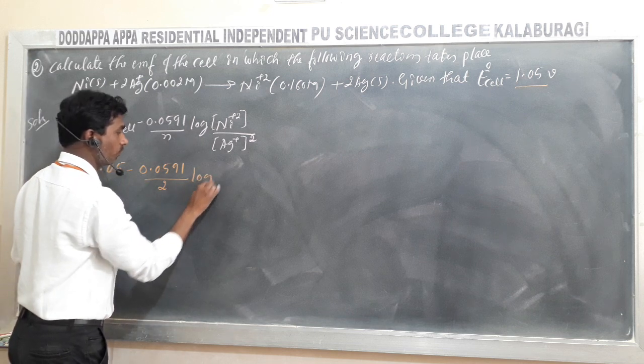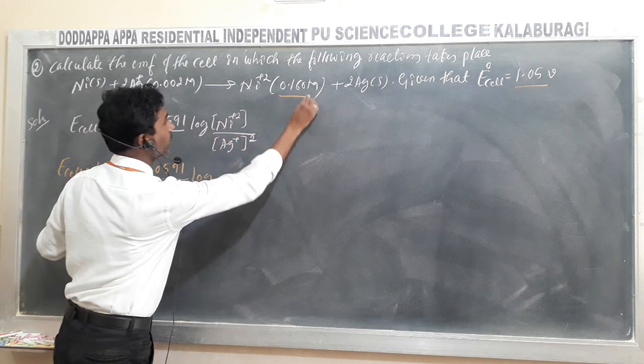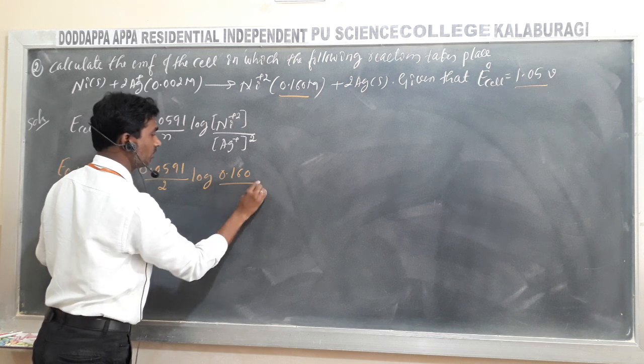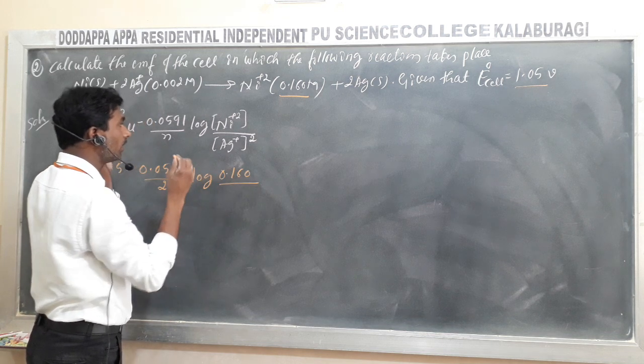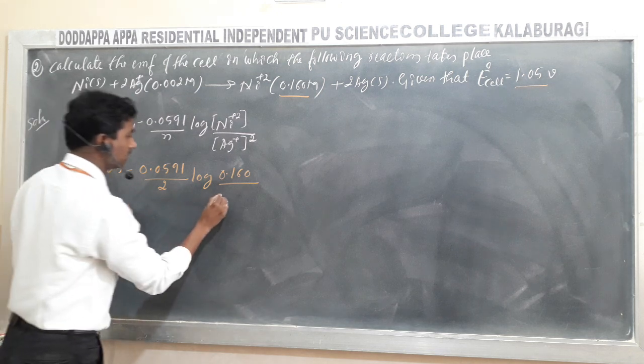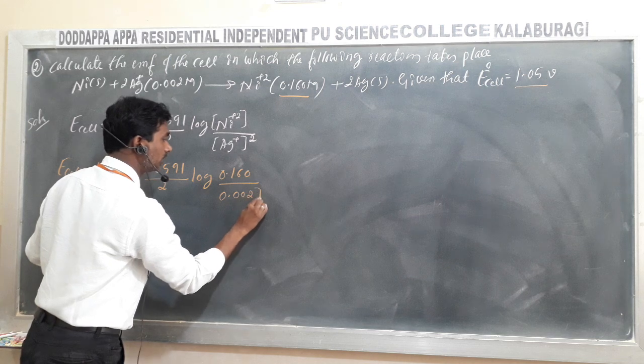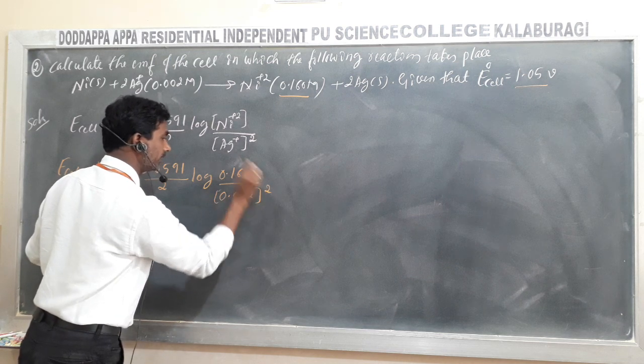Log of the concentration of nickel, which is 0.160, and the concentration of Ag plus, which is 0.002, squared.